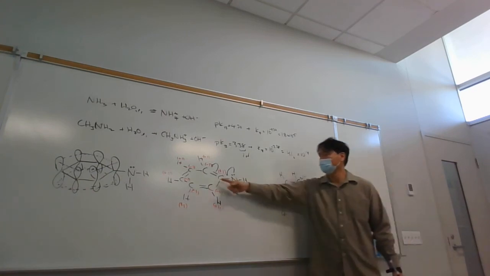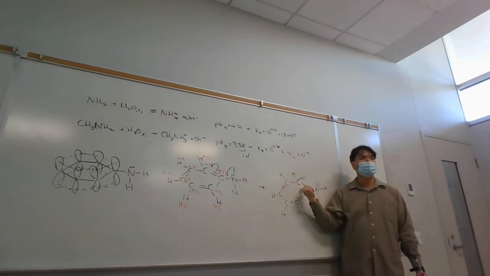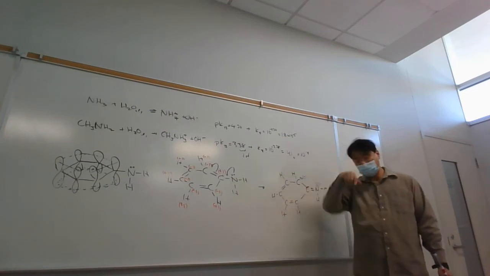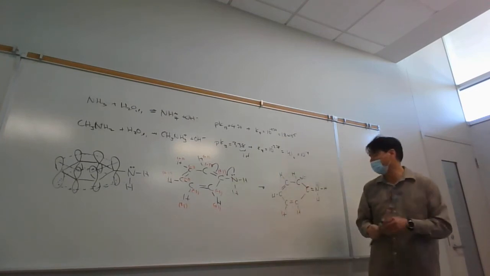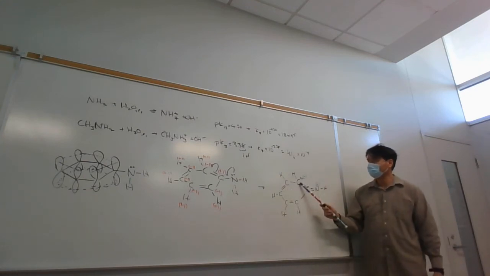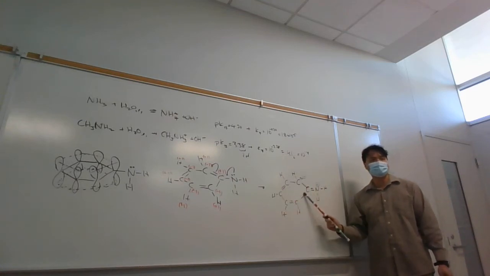And then this carbon used to be sp2, but according to this, it should be sp3. But the weird thing is that the hybridization could be impacted depending on how we can delocalize the electron cloud. If we keep this sp2 hybridized, there's going to be an unhybridized p here that can delocalize in the ring.